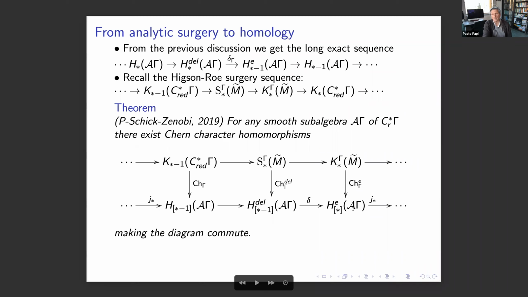So in particular, as you can see, you can map the rho class to the delocalized non-commutative de Rham homology of A gamma.